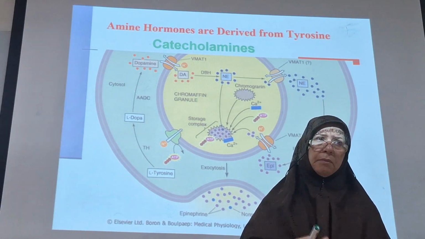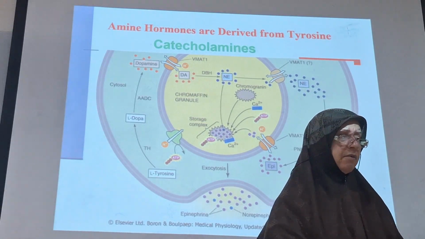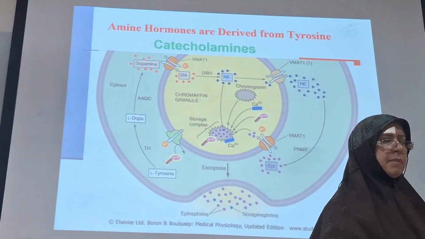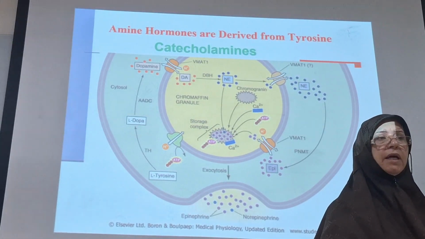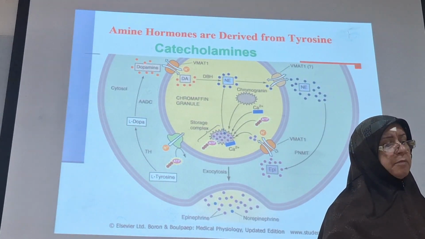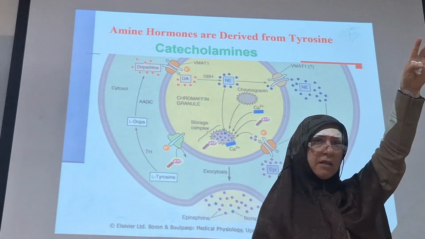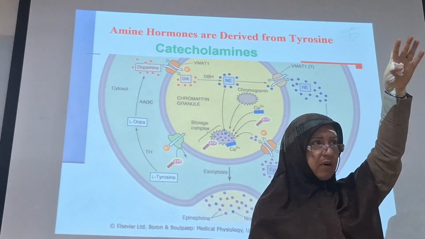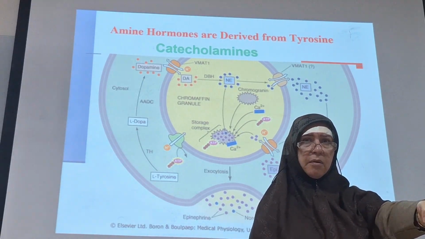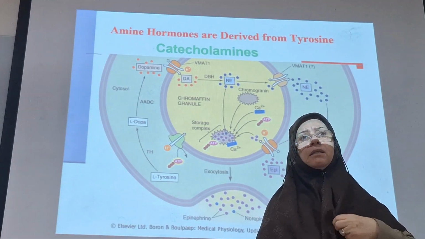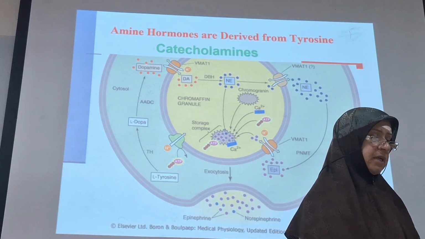Epinephrine amounts are 4 times more than norepinephrine because of these enzymes, methyltransferase. Norepinephrine is methylated to epinephrine. These enzymes are stimulated by cortisol. Cortisol from the adrenal cortex goes to the adrenal medulla, stimulates these enzymes, and norepinephrine is converted to epinephrine.